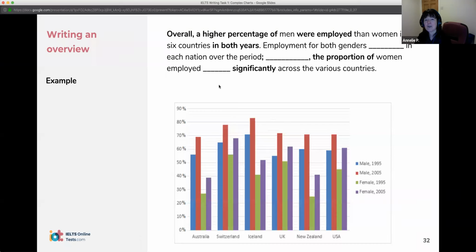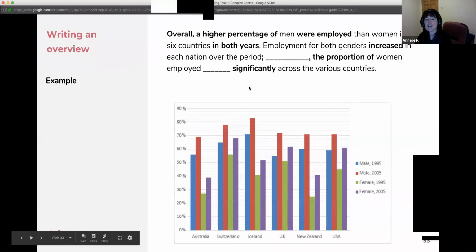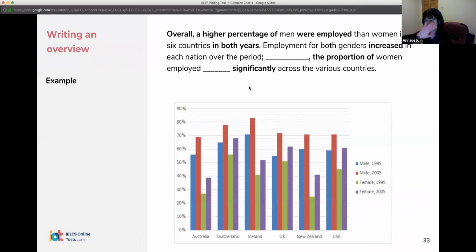Very good, Rose. Jumped, remember the tense, grew. So increased in each nation over the period. So that's our overall increase. That's the comparison between the years.